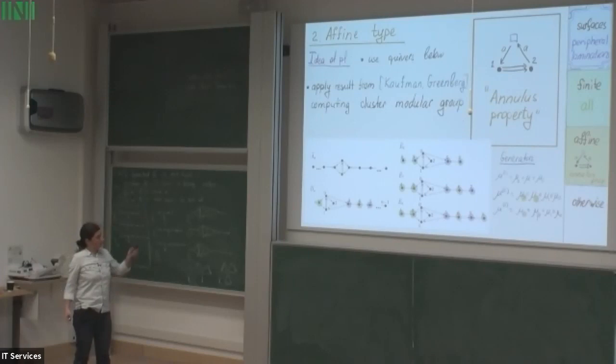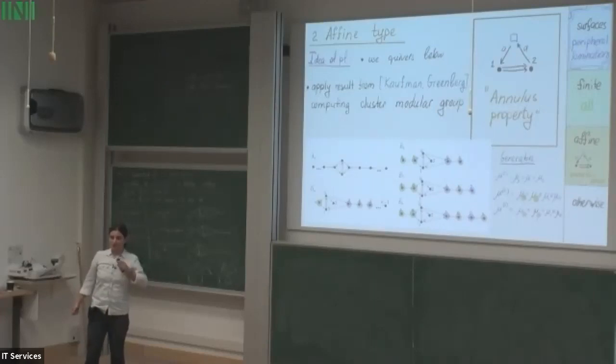Now, maybe a couple of words about the proof here. The idea is to use these good representatives and then to refer to very recent work by Kaufman and Greenberg from the summer, where they compute the cluster modular group and give precise generators of that. It turns out that, in our surface case, remember we said the generators are Dehn twists and they keep everything intact.